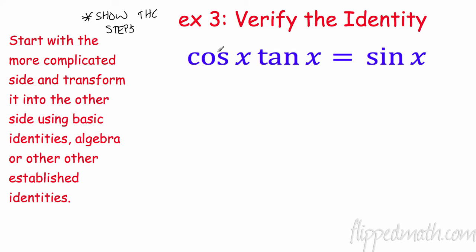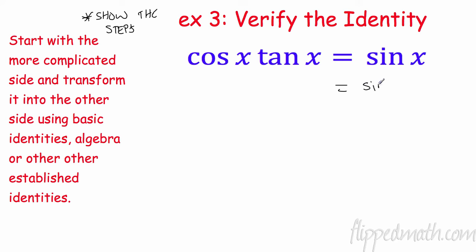The answer is, I know that cosine x times tangent x equals sine x. That is the answer. I want you to show me the work to get to that answer. Here's tip number 1. Start with the more complicated side and transform it into the other side using basic identities, algebra, or other established identities that we know.